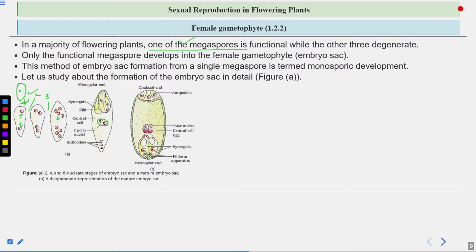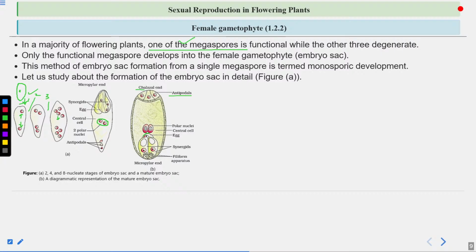The rest 3 nuclei at the micropylar end form 1 egg cell and 2 synergid cells. At the chalazal end, the 3 nuclei are surrounded by cytoplasm with a wall laid down, and they form 3 antipodals.